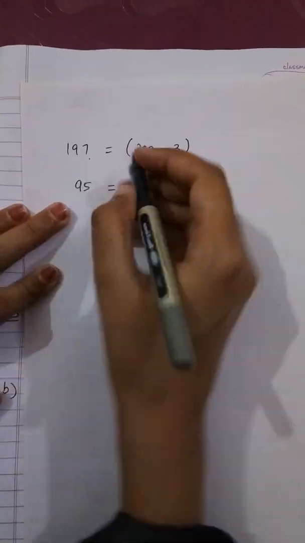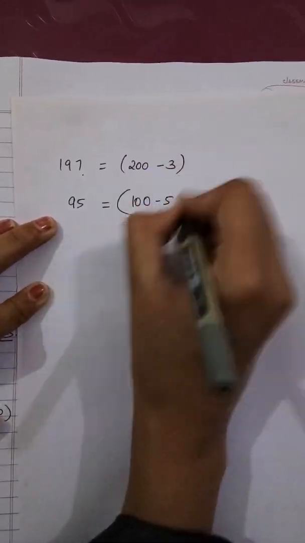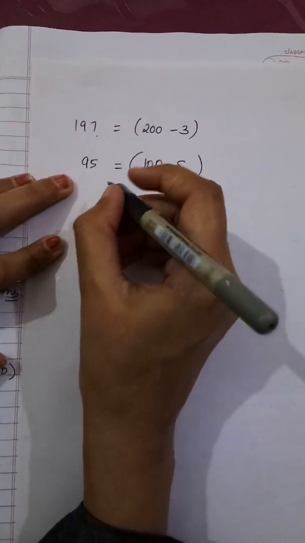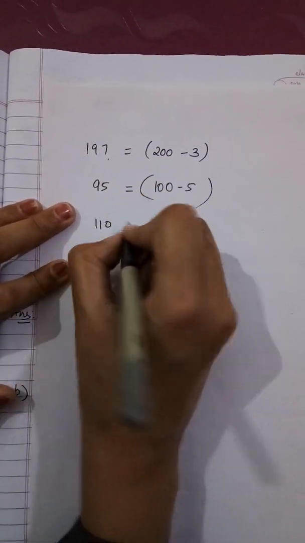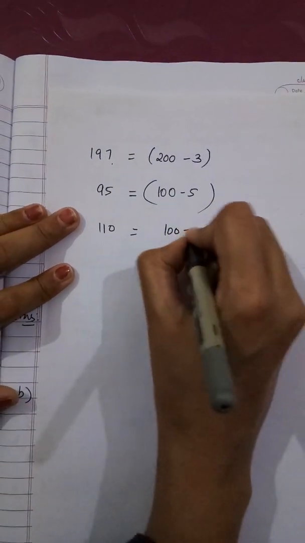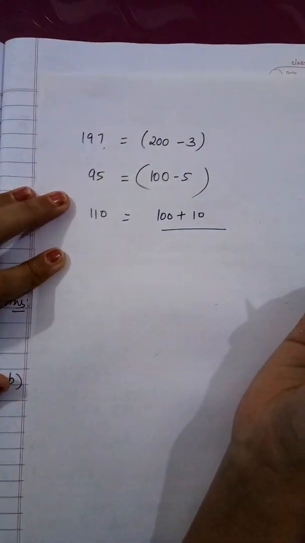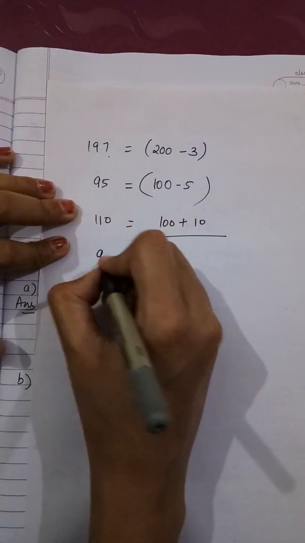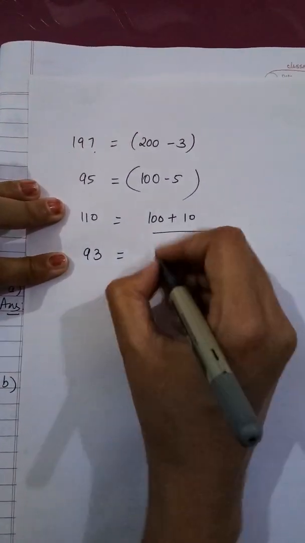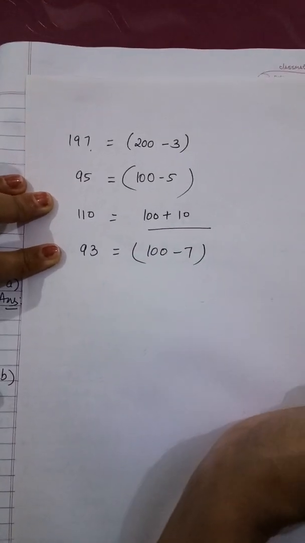Now this 95 is there. Can I say 100 minus 5 will give me 95? Okay, now let's do 110. What are you going to do in this? 100 plus 10. You can write like this. Like this your calculation will become easy. If I am going to write here 93, how will we write 93? 100 minus 7. Like this you are going to do it.